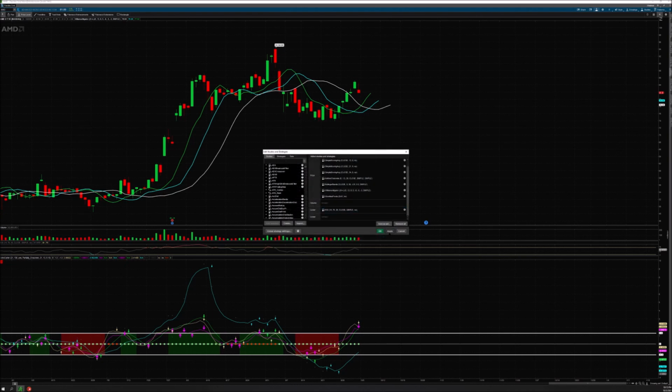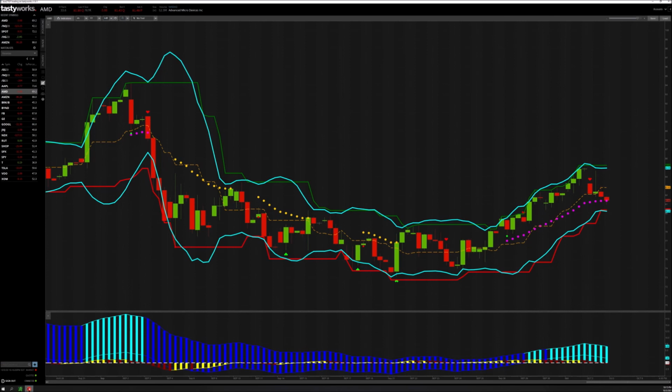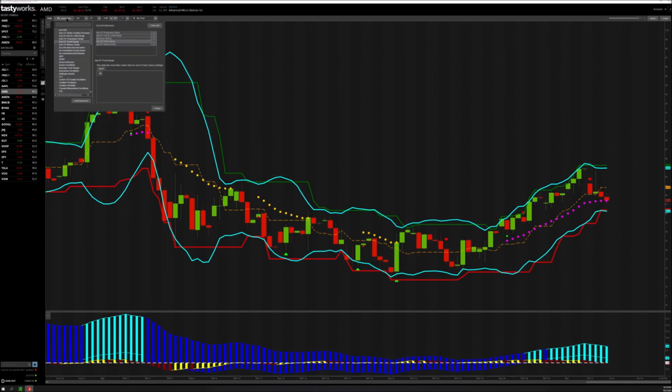On Tastyworks, the first six indicators up here on top are his: one, two, three, four, five, six. If you have a Tastyworks account, they're going to be the first six.